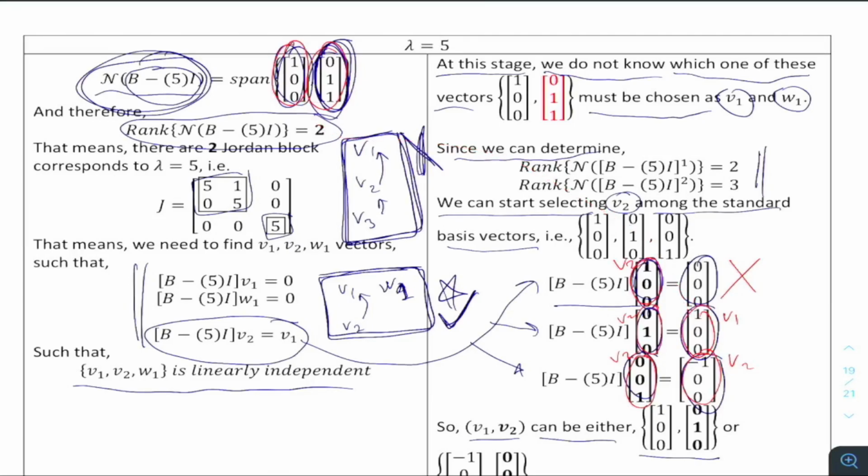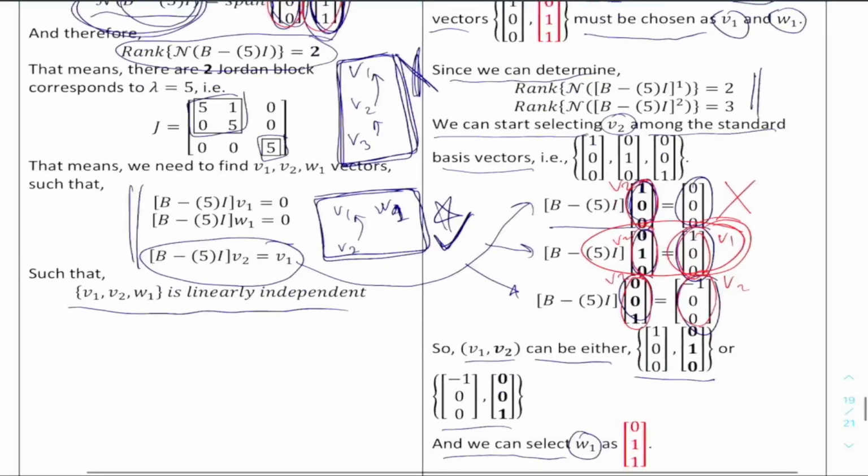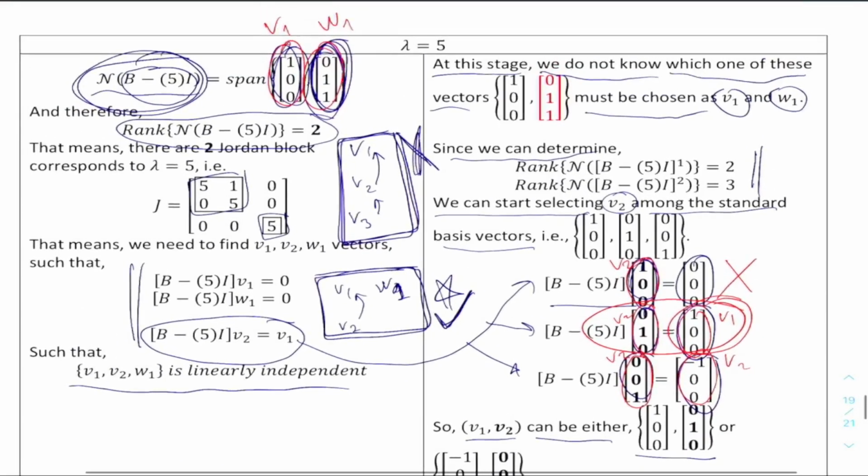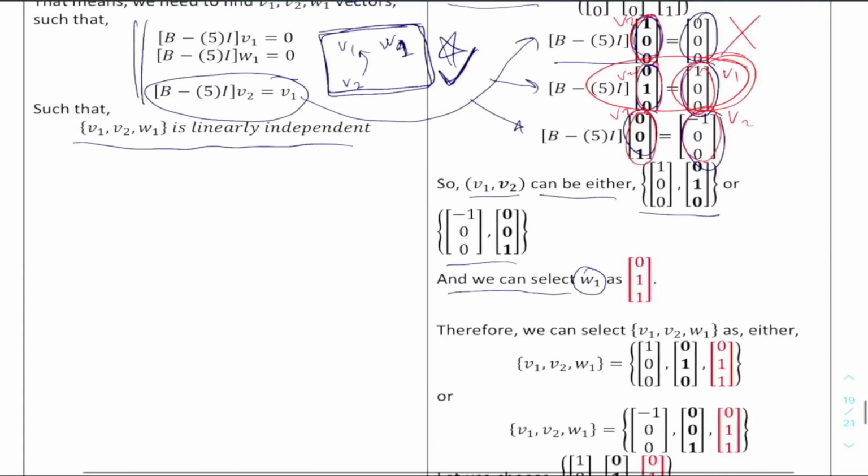And we can say that it is better for us to just call that v1, and this is v1, and that's why this should be named w1.